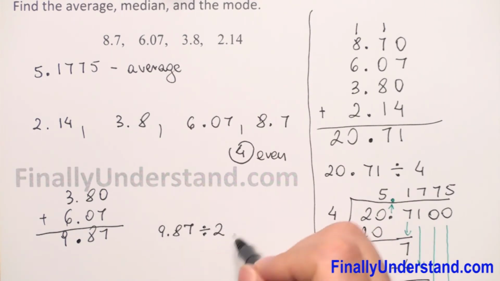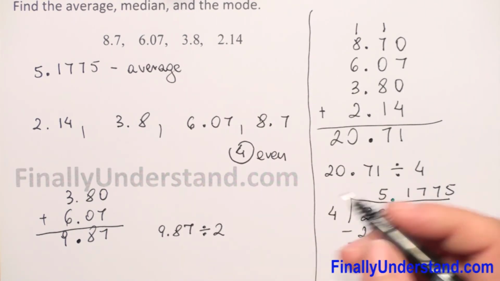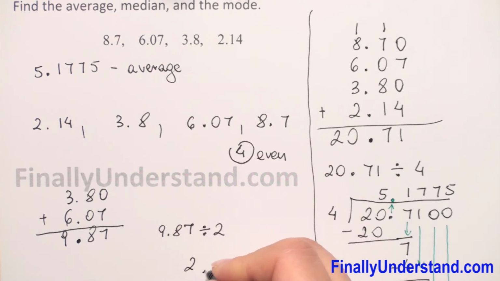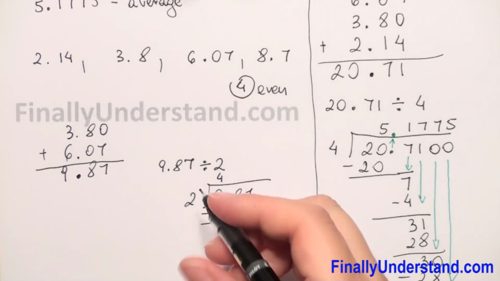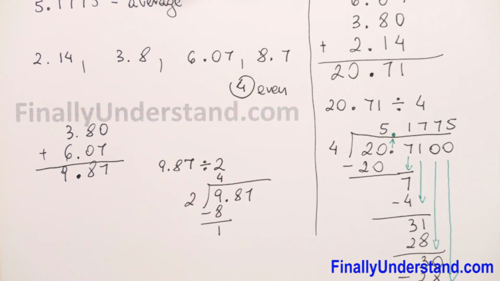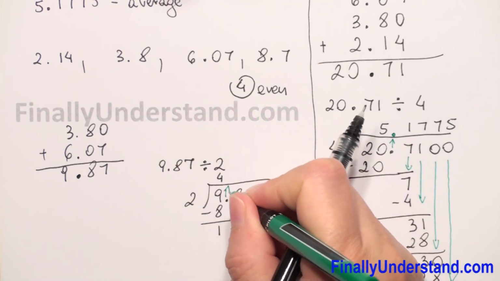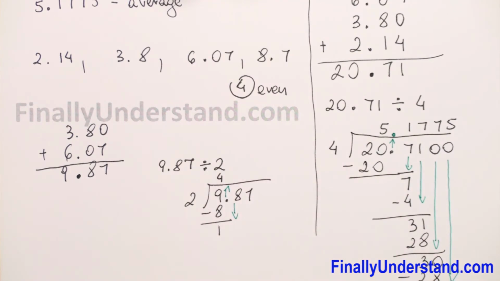So we need to set up the long division. Our divisor is a whole number, so everything is okay. So 2 into 9.87. How many times does 2 go into 9? 4. 4 times 2 is 8. Subtraction: 9 minus 8 is 1. What next? We have to bring up the decimal point exactly in the same column and take down the next digit.